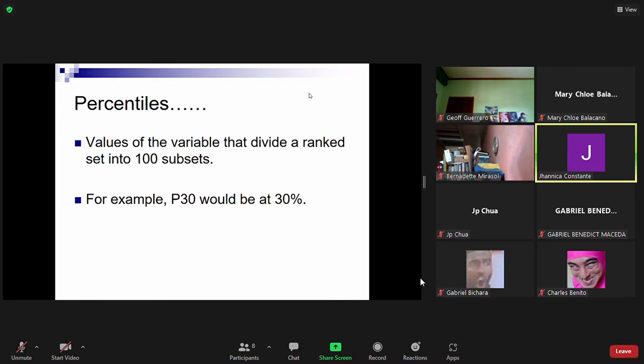We have a formula for us to locate the position of a particular number in the data that we have, which is this one.